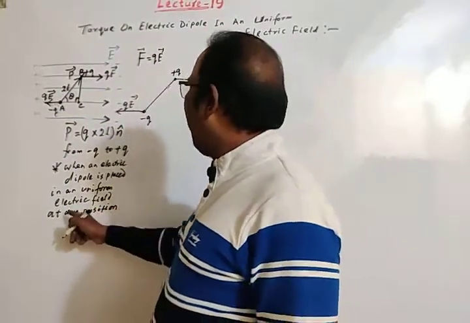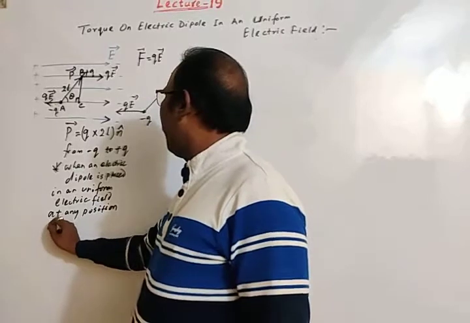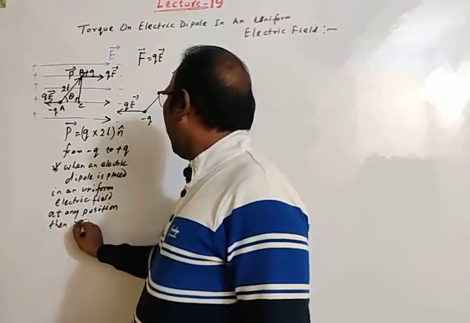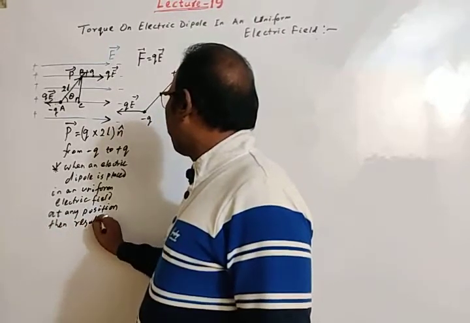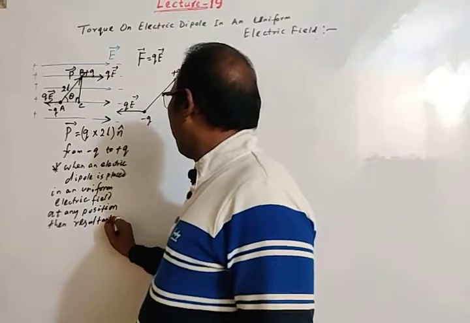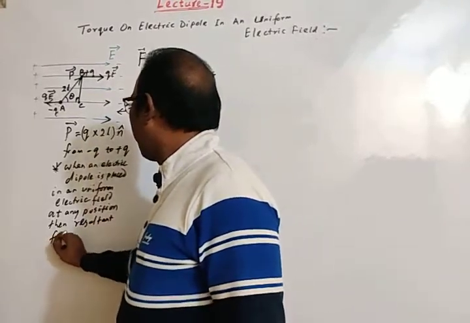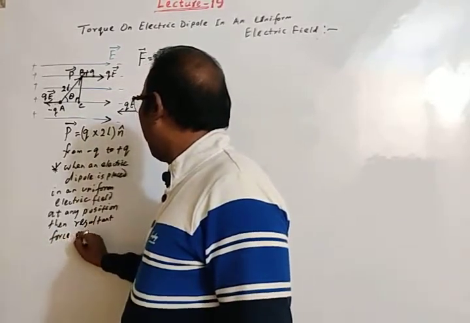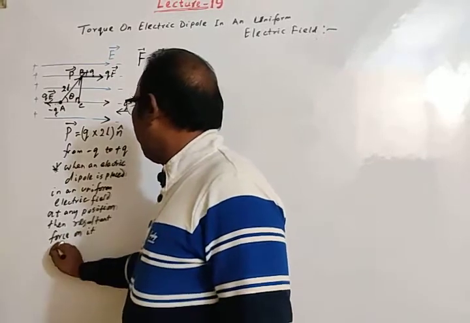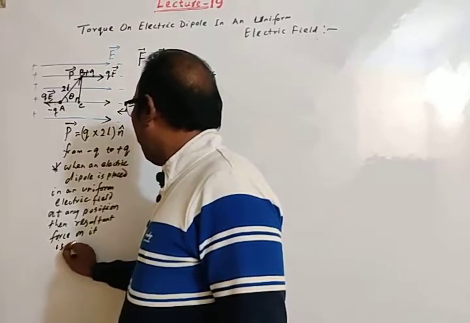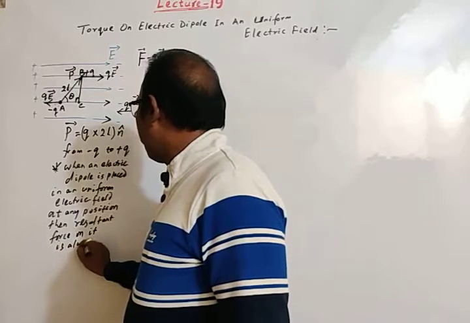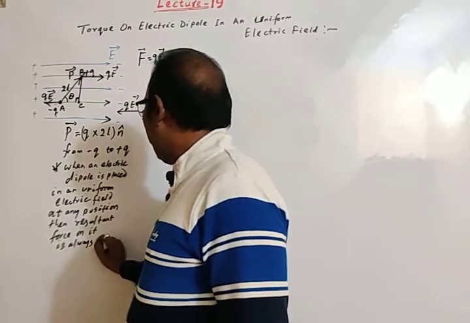Okay, electric field at any position, then resultant force on it is always 0.